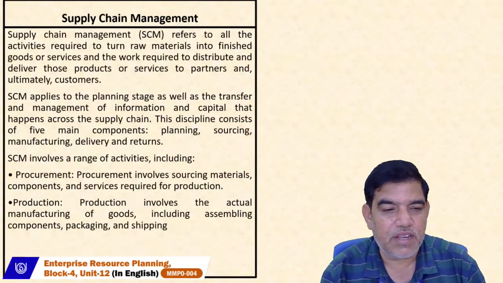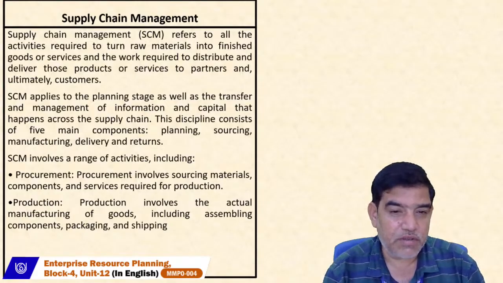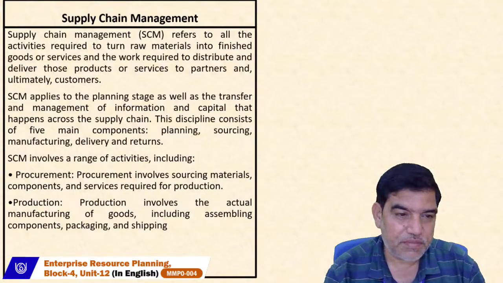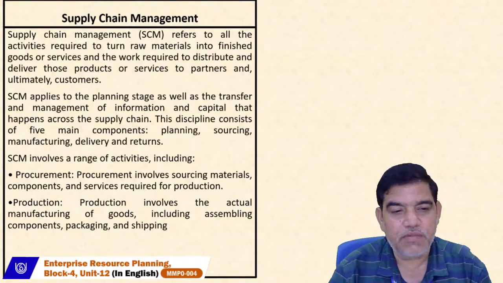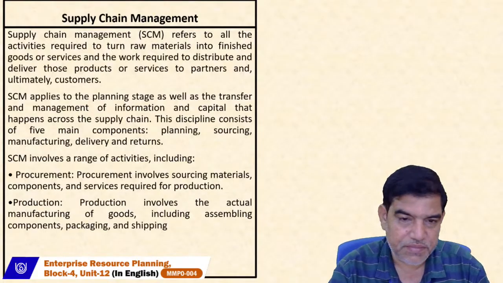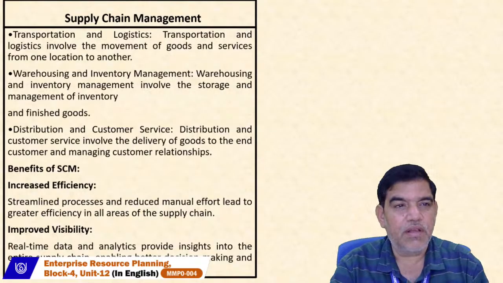Procurement involves sourcing material, which means it is required to purchase the materials from the suppliers or vendors, components, and services required for production. Then production. Production involves the actual manufacturing of the finished goods, including assembling components, packaging, and shipping.